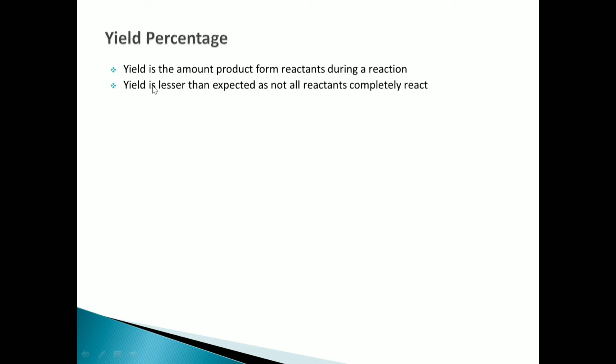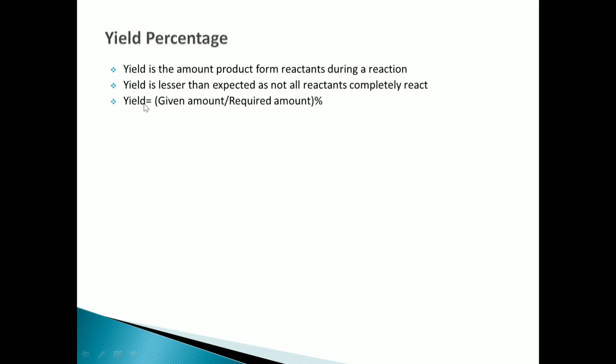Not all the reactants completely react, or due to some reason the amount of reactants doesn't produce the required amount of product. Usually the reaction is not completed, for which yield is usually lesser than the expected amount.